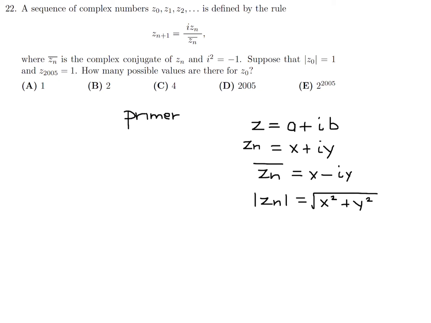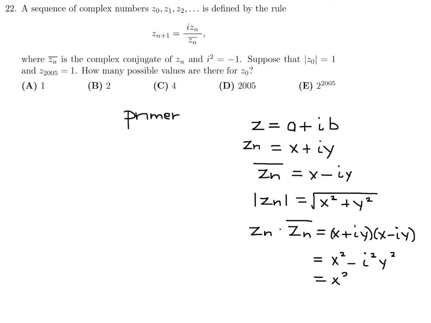And just one more property, if you multiply the complex number by its complex conjugate, you get x plus iy times x minus iy, like that. And this gives you x squared minus i squared y squared, but i squared is equal to -1. That's a standard rule. They give you that in the question also. And therefore this becomes x squared plus y squared. It can also be represented as the square of the magnitude.